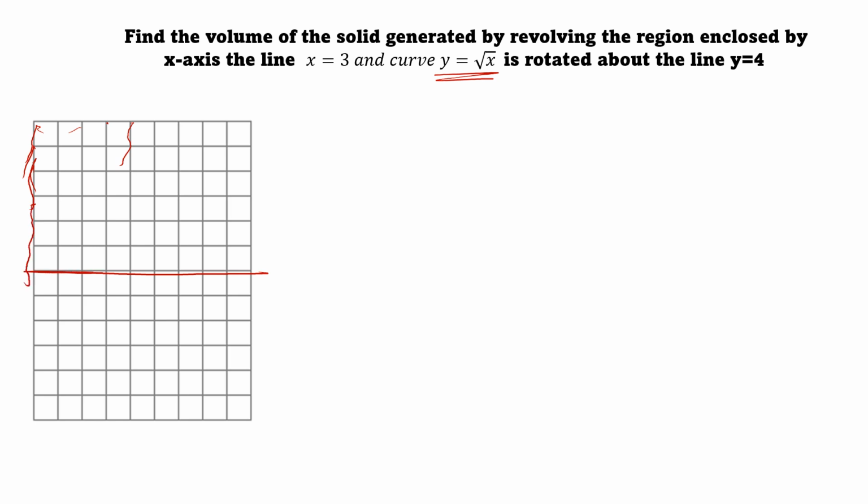Here the line y equals 4. It is rotated along y equals 4. So 1, 2, 3, 4. The 4 is like this, so this would be the line for the axis of rotation.